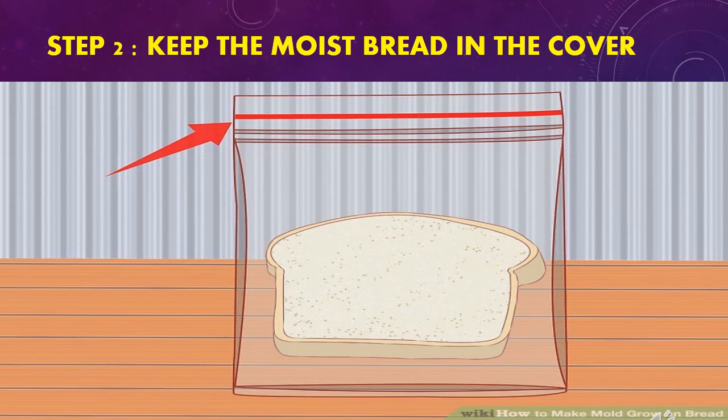Let it be 5 or 6 days, so that you can see the changes happening in the bread. Our idea is to grow fungi on the bread. Let's see whether it's going to happen or not.